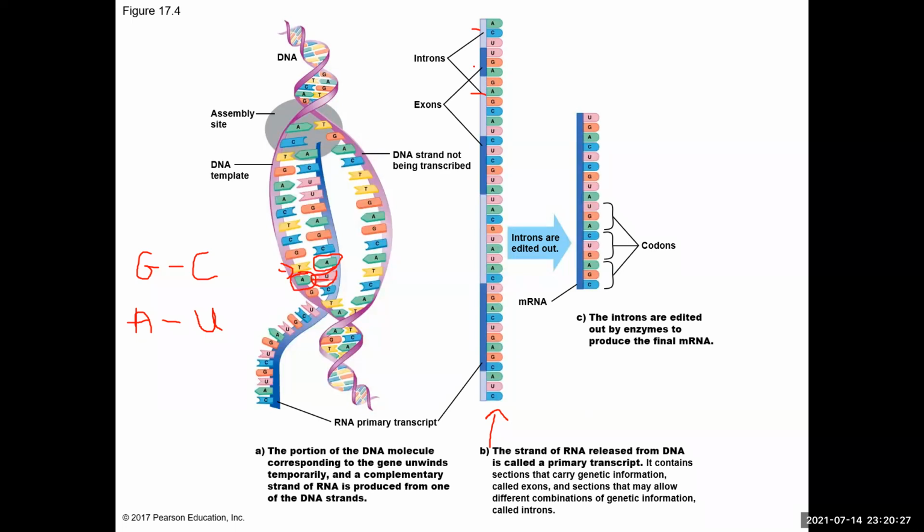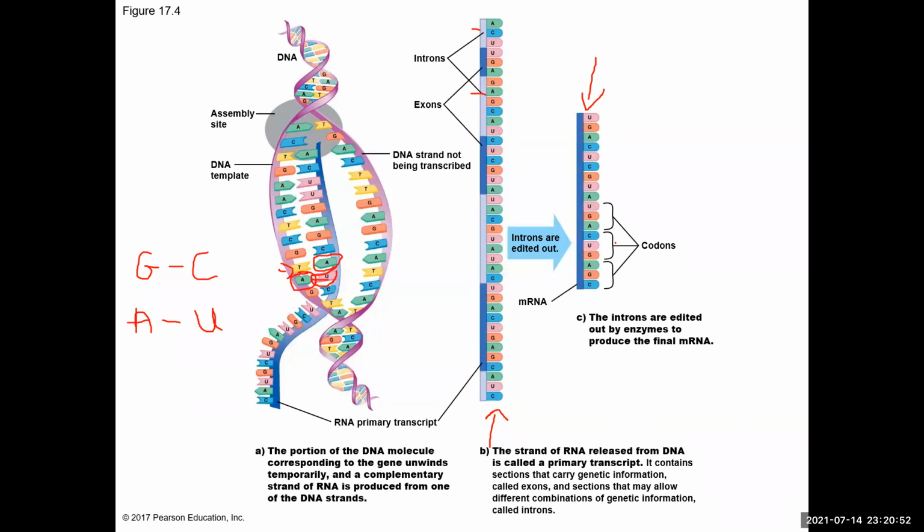Remember, the introns are those non-coding regions. The exons are the coding regions. And so what will happen is with the primary RNA transcript, these introns will be cut out and removed, and then the remaining exons will be spliced together to form the mRNA, the messenger RNA.